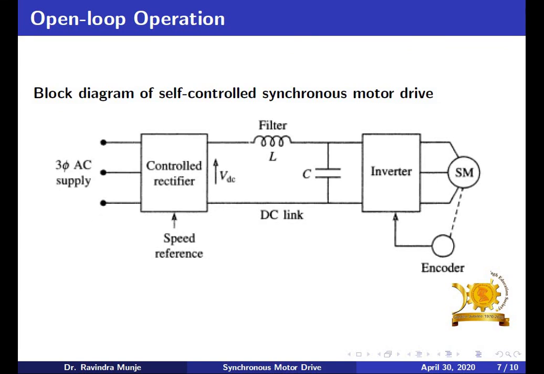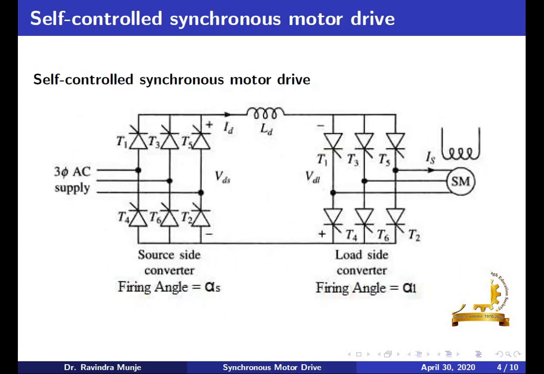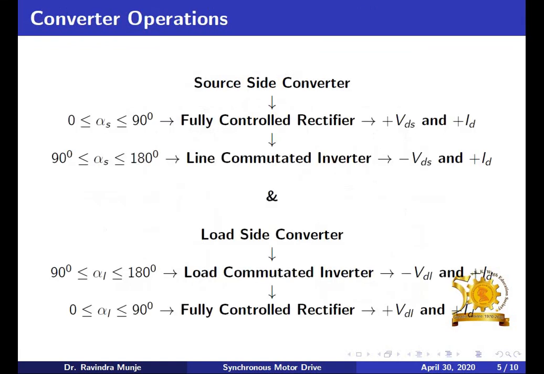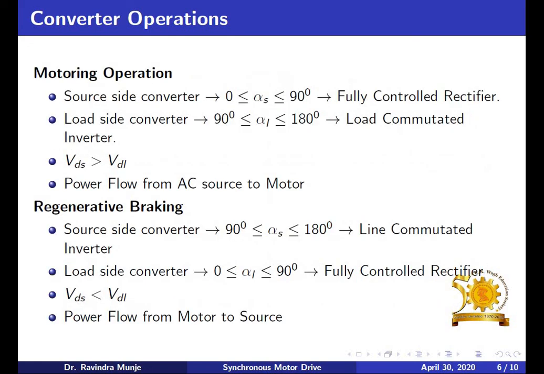So what we have seen is the self-controlled synchronous motor drive block diagram, with source side converter and load side converter. We have seen the operations for different firing angles for both converters. Then we have seen motoring operation and regenerative braking operation, right?